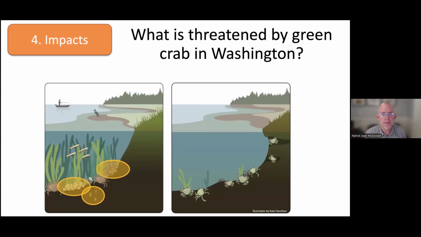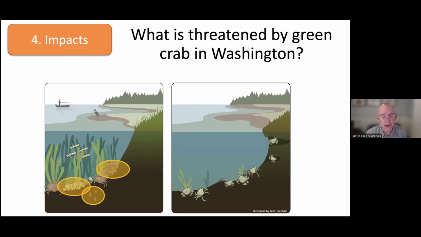Yeah. We might expect the same sorts of impacts within the inland waters of Washington State that we have seen elsewhere around the globe. So primarily they're feeding on shellfish resources, which are of course very important to our native tribes and for recreational consumption. We have obviously large aquaculture interests in the state of Washington as well.